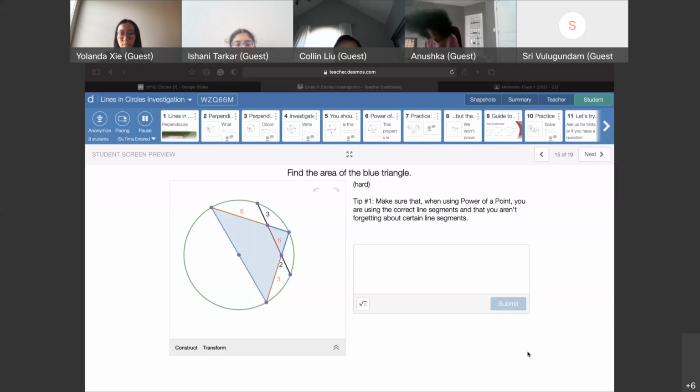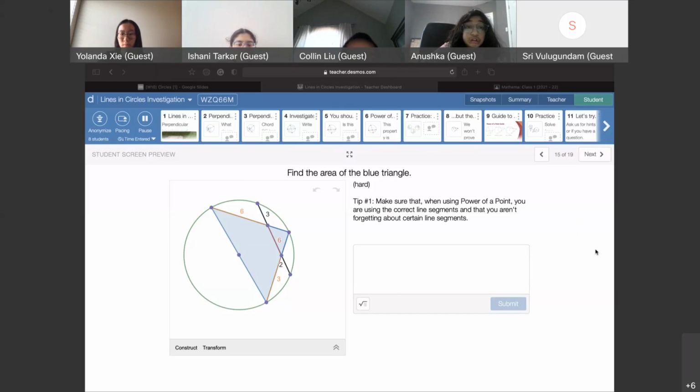Is it area whole number or a decimal? I think it should be a whole number. Yes, it should be a whole number.